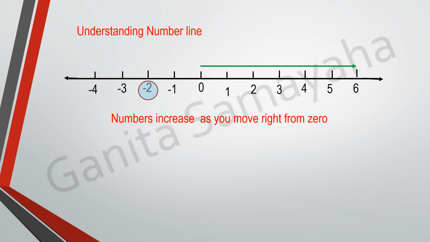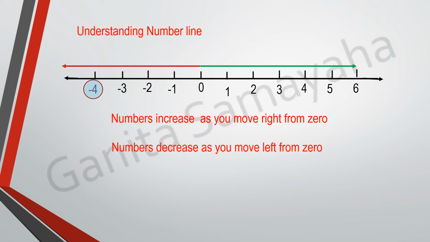Okay. So further if you go also, it goes on decreasing. So when you are moving from 0 to the left, what is happening, children? The numbers are decreasing. When from 0 you move to the right, the numbers are increasing. And from 0 if you move to the left, the numbers are decreasing.